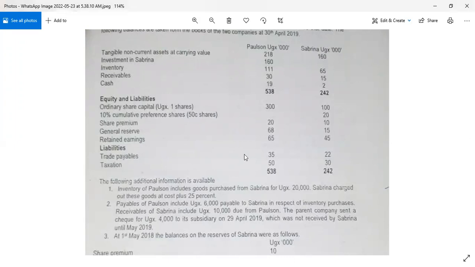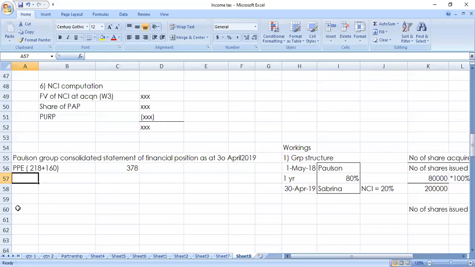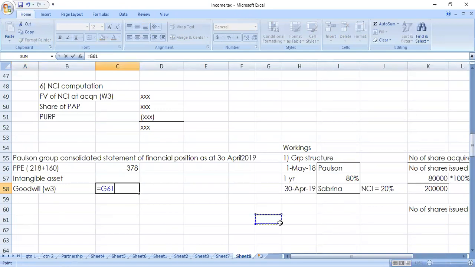The next line says investment in Sabrin. Now, if you see investment in Sabrin, it's 160. So you want to know, what did I do with this 160? What we did is this. We have an intangible asset called goodwill. It's working number 3. I don't remember the amount, so I can just take it there.